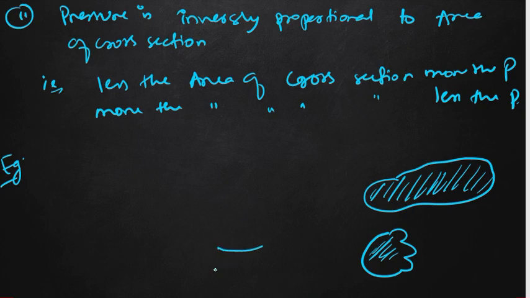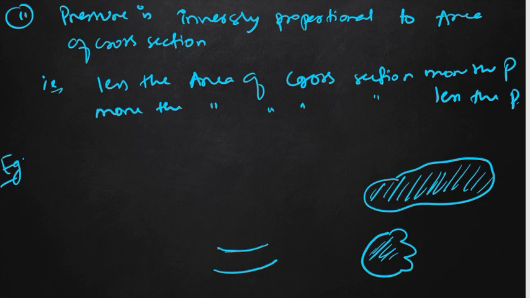Whenever they are on the ground, the shape of the tire will be like this. Only a small portion is on the ground. Clear? So these are some examples in which we can see pressure. And sometimes whenever we cut something with a knife, we apply force on the knife.